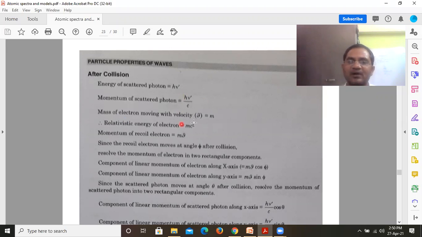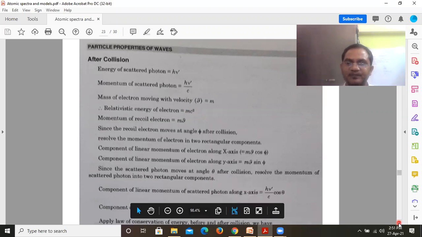Mass of the electron moving with velocity v is m, the relativistic mass. Its energy according to Einstein's mass energy relation is mc square. Momentum of the recoil electron is mass into velocity, mv.